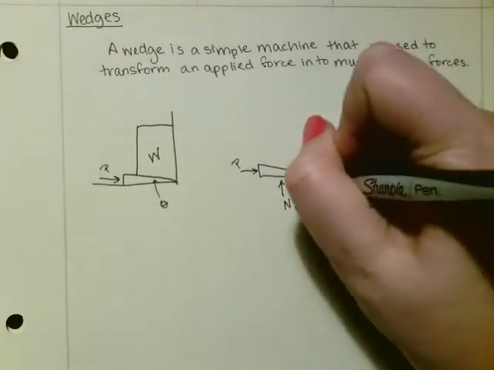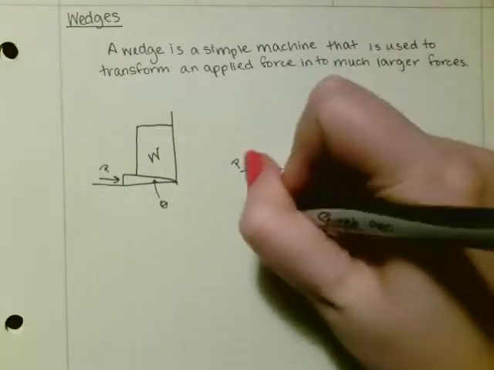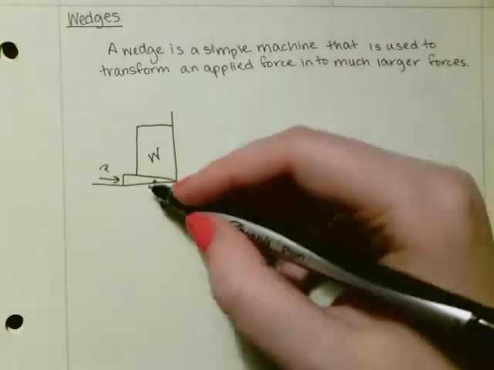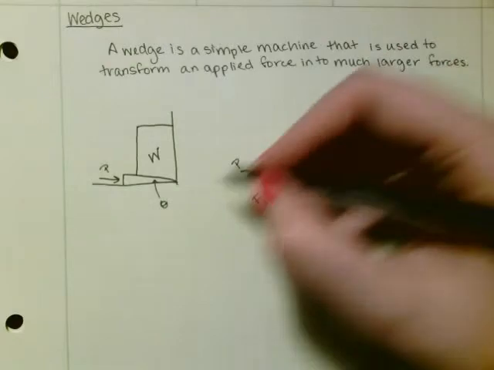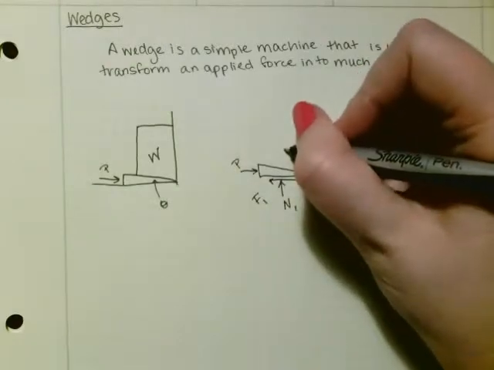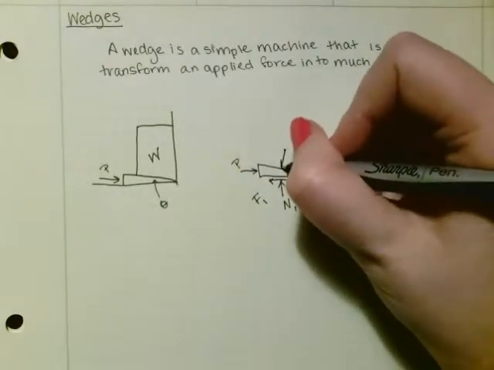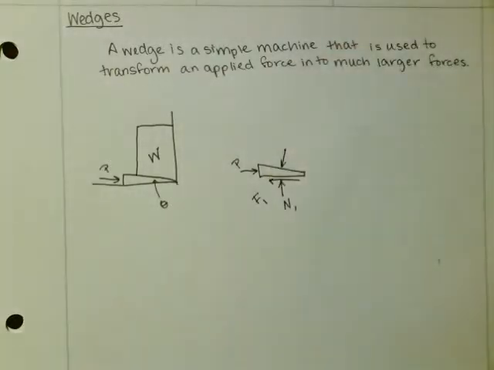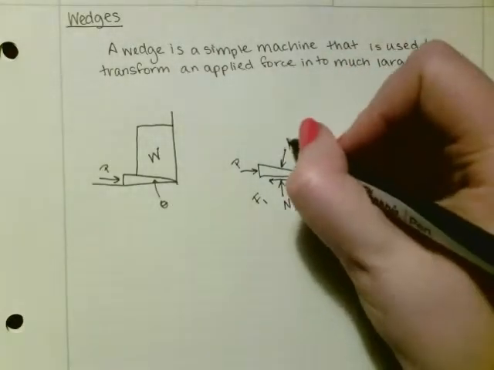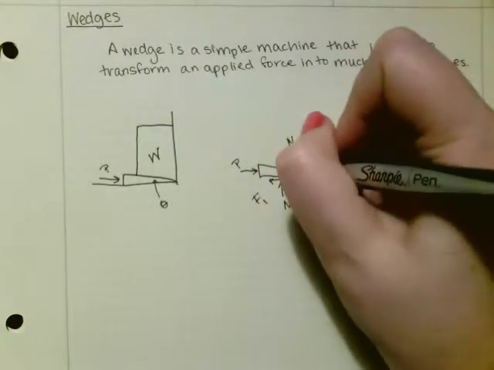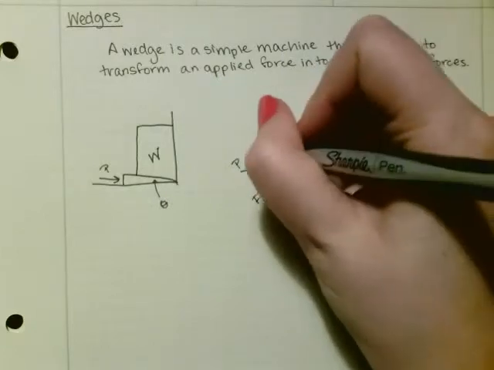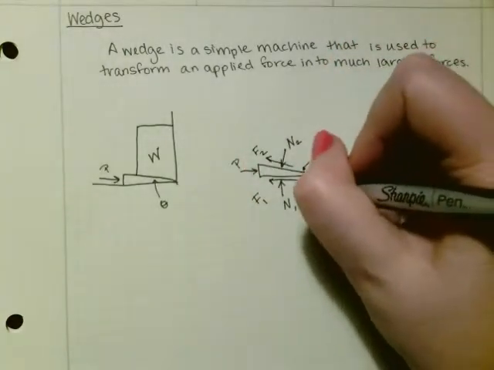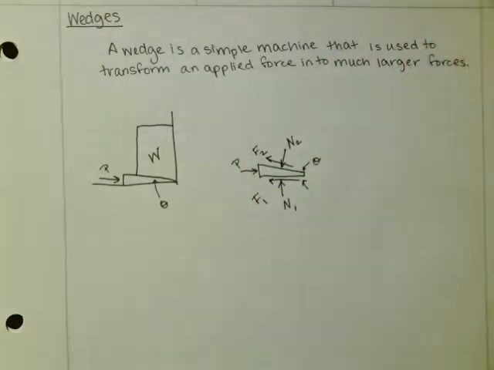And then I would have my frictional force with that same surface. And then I'd have the normal force from the large weight on top. Call that N2. And then I would have my frictional force with that same surface. And this angle is still theta.